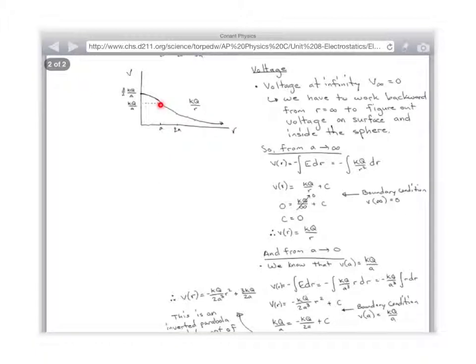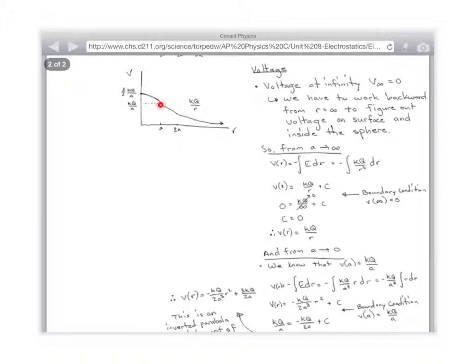For this graph, the slope should be the values of E, right? Wrong. The slope of E should be the values of voltage. No, sorry, I'm wrong. You are right: the slope of the voltage is the value of E, but negative.